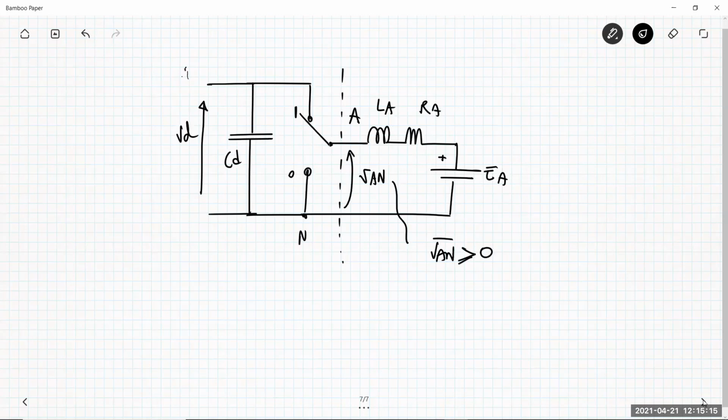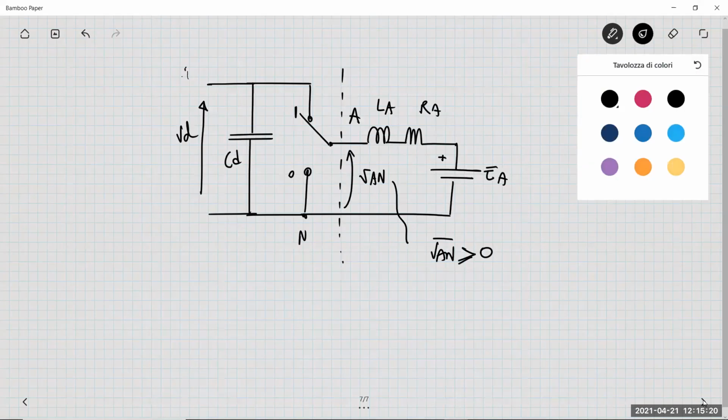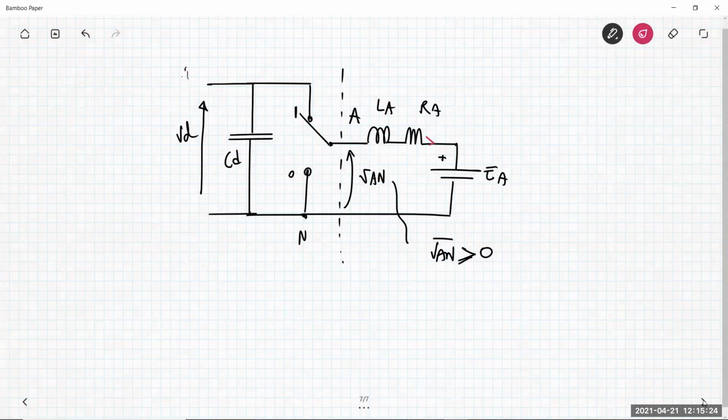It can be large up to VD, but it is positive. While the average current can be positive or negative. Suppose that I have a positive average current flowing here. So it means that I have a power flow that exits the switch power pole and it is provided to the motor. Okay, so the power is positive in this situation.